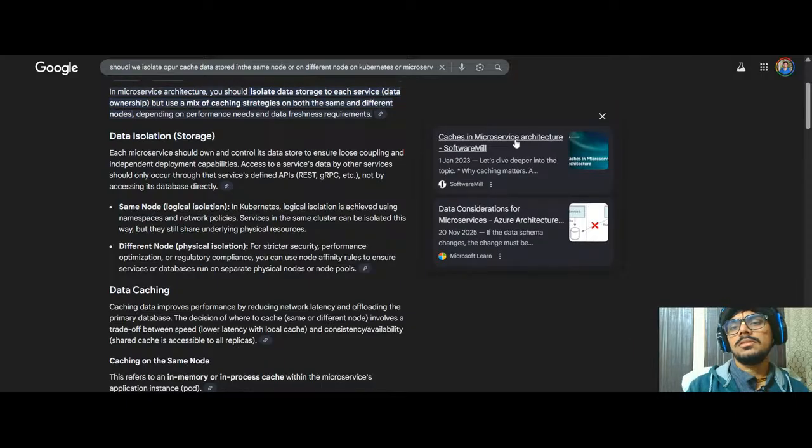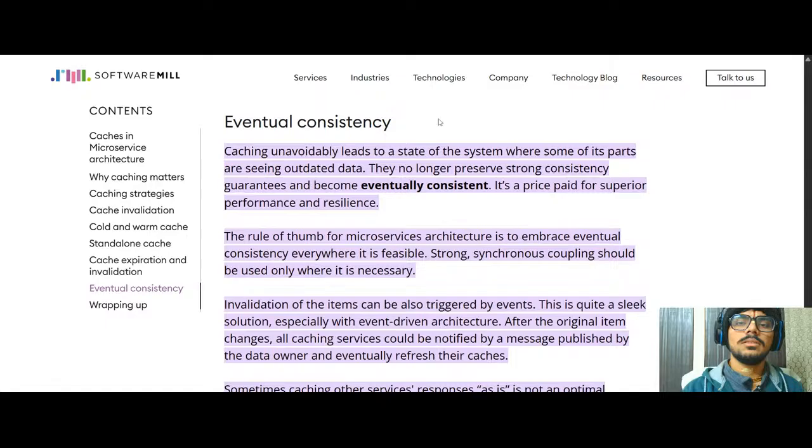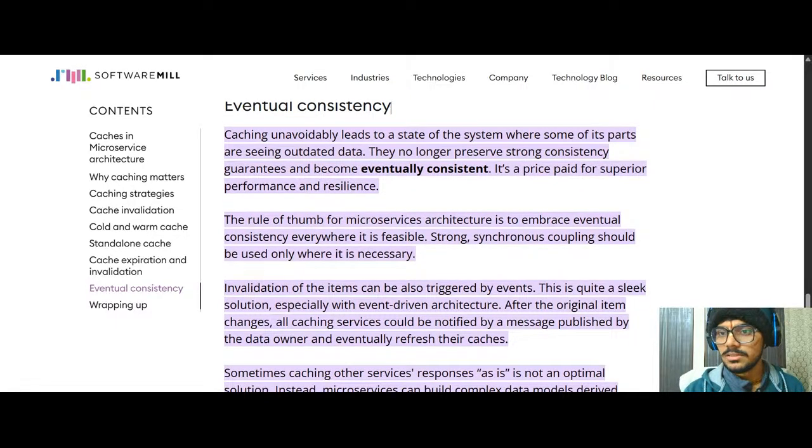We should look into the docs or blogs that are present over here. Caching unavoidably leads to a state of systems where some parts are seeing outdated data.